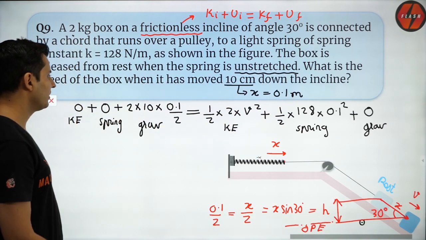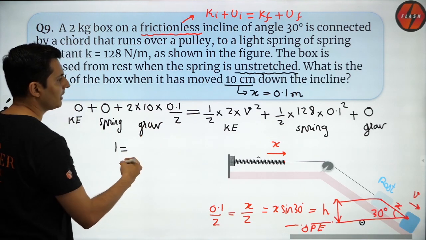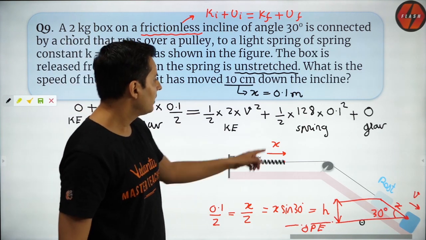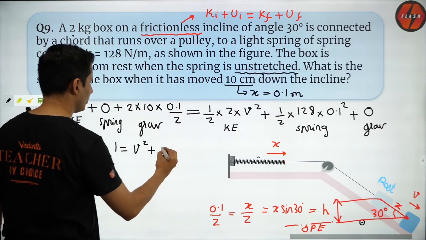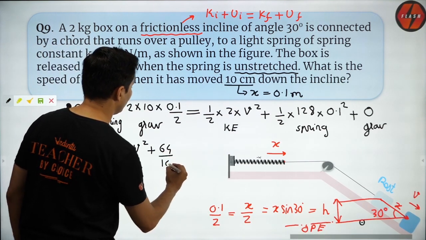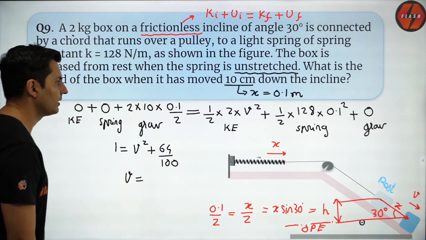Now you just have to solve this, guys. So 2 cancels, 10 into 0.1 is just 1, and here 2 again cancels, you will get V square. Alright, and 128 divided by 2 is going to be 64, and that is 0.1 square, so it is going to be by 100. So just solve this and you should get the answer for velocity.